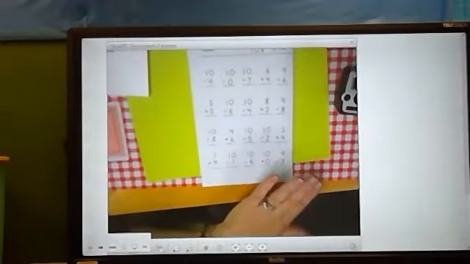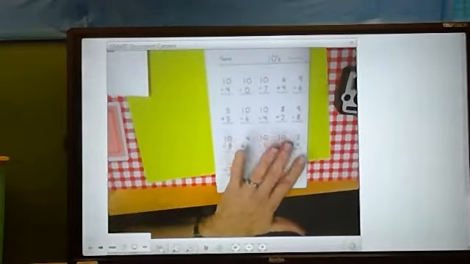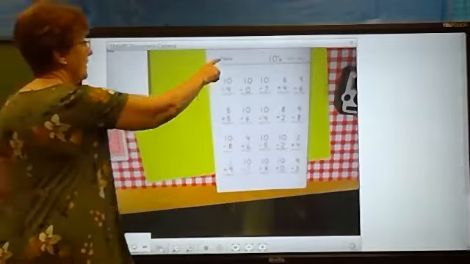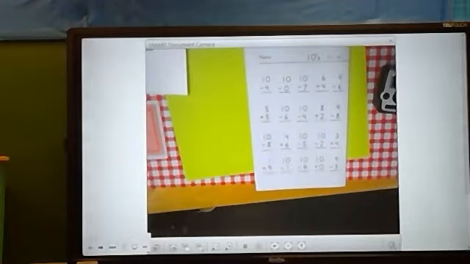Our paper should have a heading on it, and it should have the plus signs already highlighted.